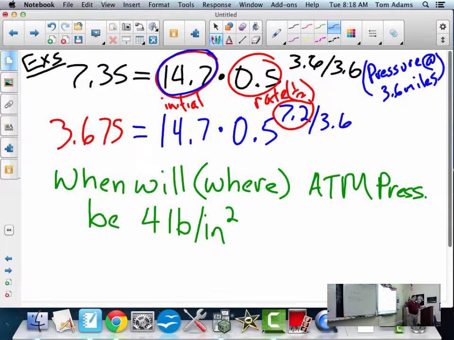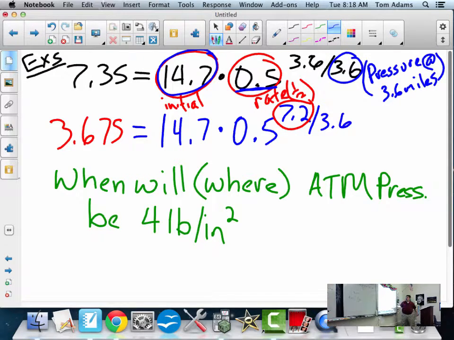Okay? That's what that means. And every 3.6 miles that you go up above sea level, your pressure decreases by 1/2. Does that make sense? So once you're 3.6 miles up, you get exactly 1/2 of 14.7, which is 7.35. You guys with me so far?